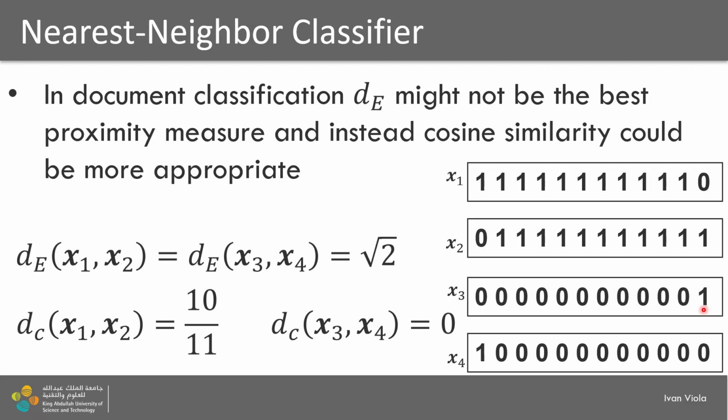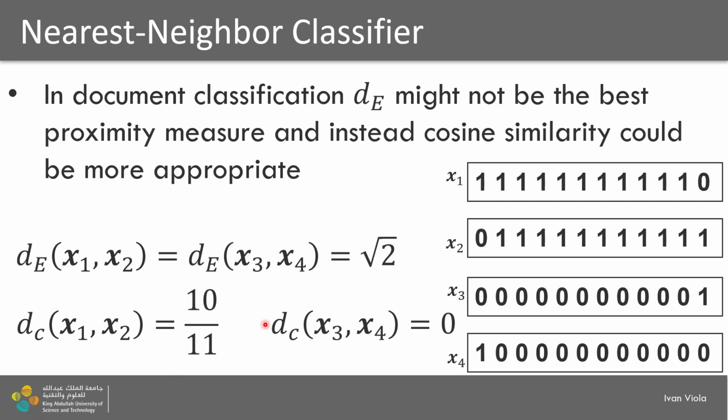So actually, the cosine similarity will be much better measure in this case because it will tell us that the cosine similarity here is forming the value 10/11, so almost 1, while the cosine similarity here will be saying us that it is 0, meaning that this is not really good measure of a distance because it should be 1 minus this distance.